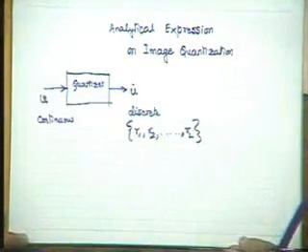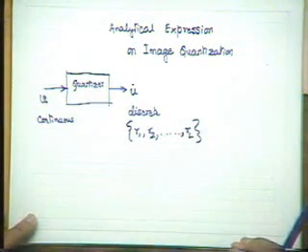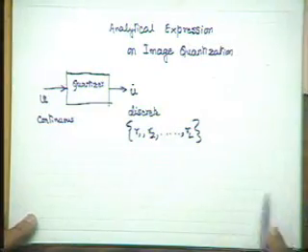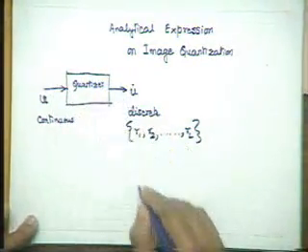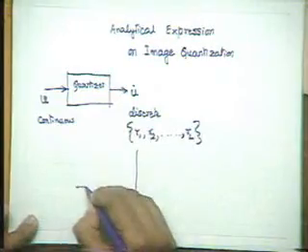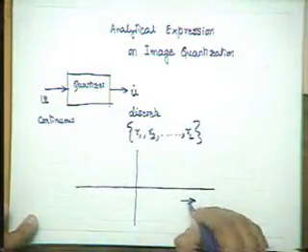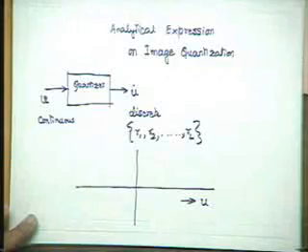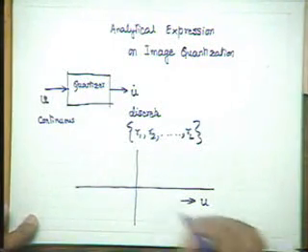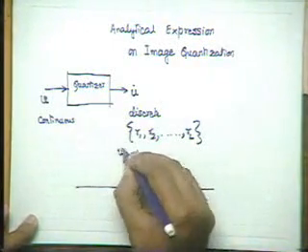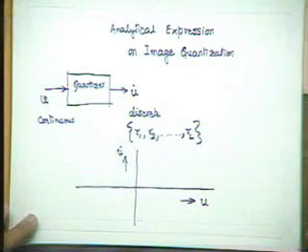Now if we try to plot a transfer function between this u and u dot, this transfer function of this block, that means to say we will be having the continuous variable u in the x-axis, and we will have the output, that is the discrete variable u dot, in the y-axis. If we try to plot the transfer characteristic, can anybody tell me what is going to be the nature of that transfer function?